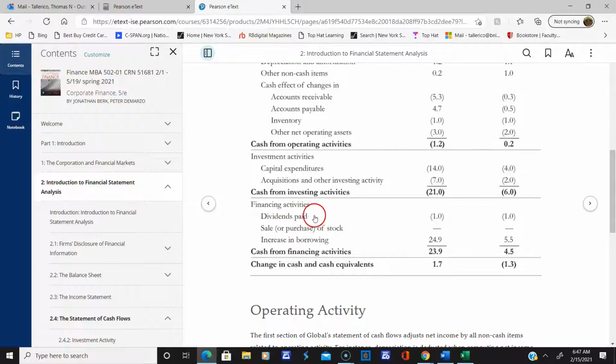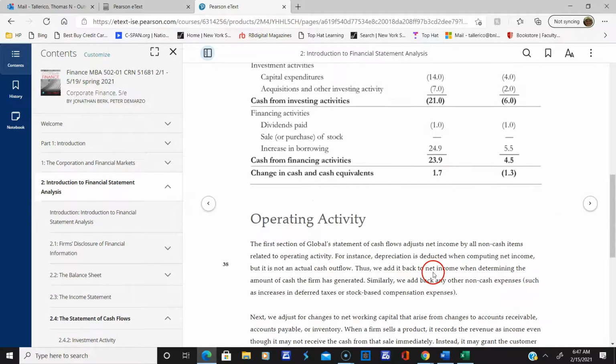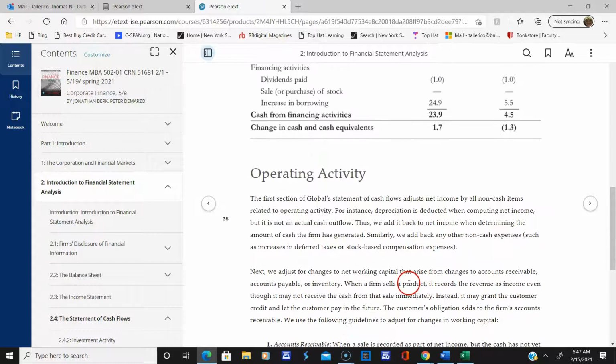So here's the dividends paid. If you pay dividends, that's negative. So here's cash from financing activities. That's positive. You see that? This is positive. This is negative. This is negative. So your overall total, the addition of 1, 2, 3, is positive.